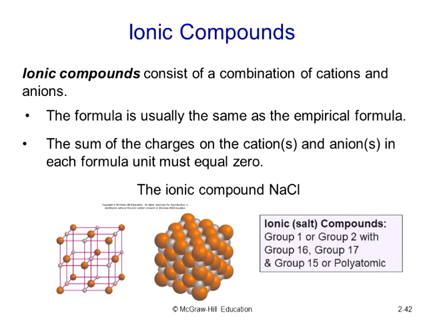There are also such things as ionic compounds. Ionic compounds consist of a combination of cations and anions. The formula for ionic compounds is usually the same as the empirical formula, which you will also learn in Gen Chem. The sum of the charges on the cations and anions in each formula unit must equal 0. The classical example is sodium chloride, salts, or ionic compounds.